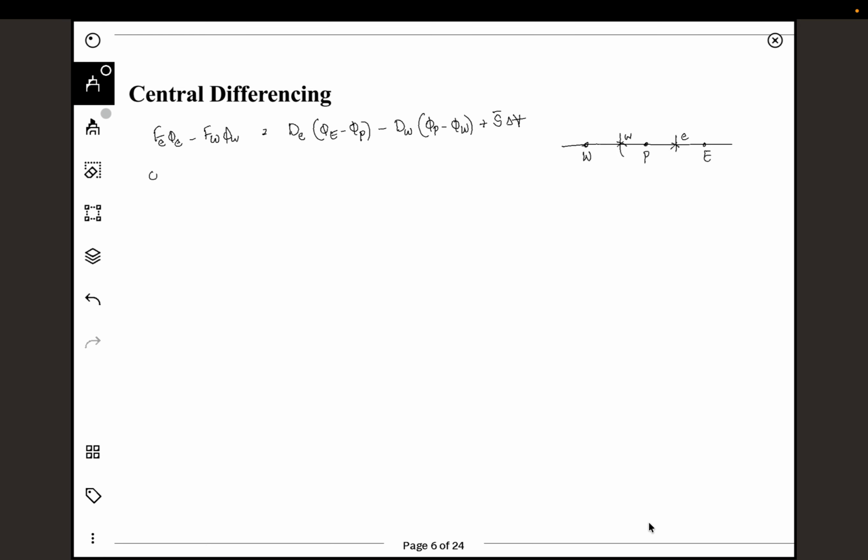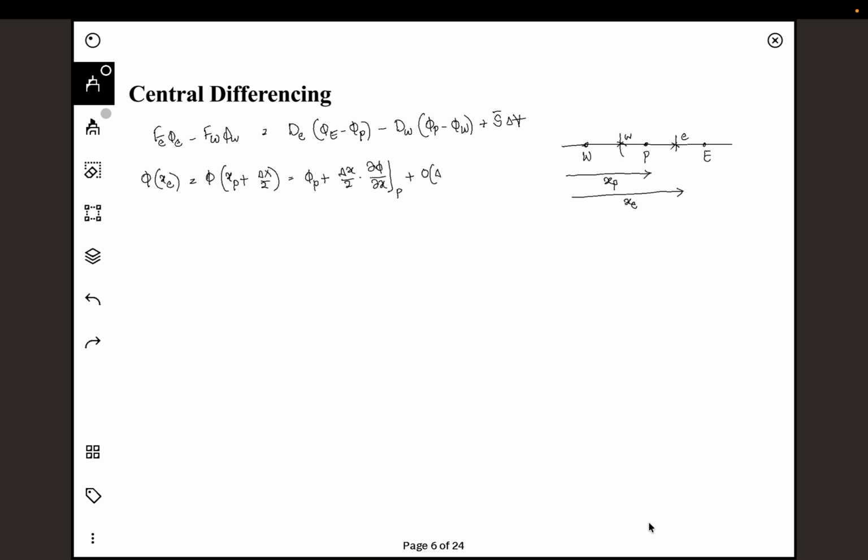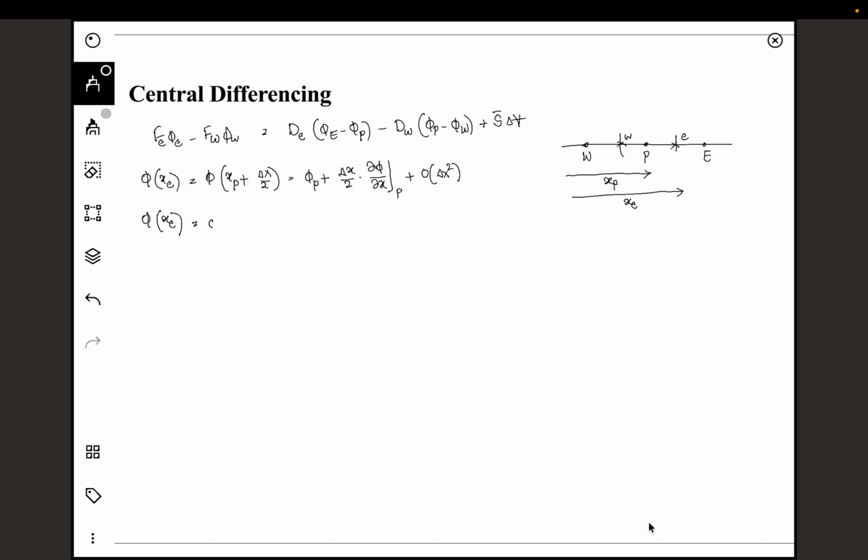So what we are trying to do is phi east. It's again a Taylor series expansion. So this is O of delta x square. Now similarly, I can also write phi of xe as phi of this point. I can also write it as xe minus delta x by 2.